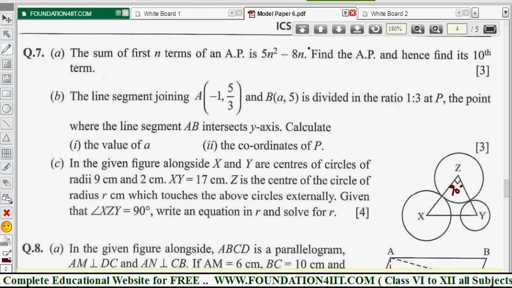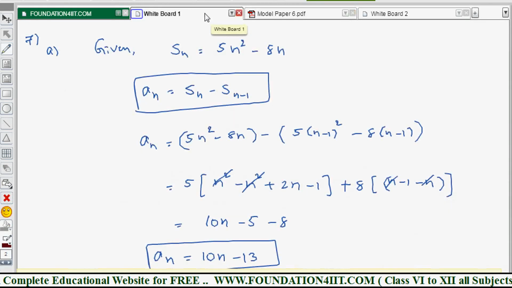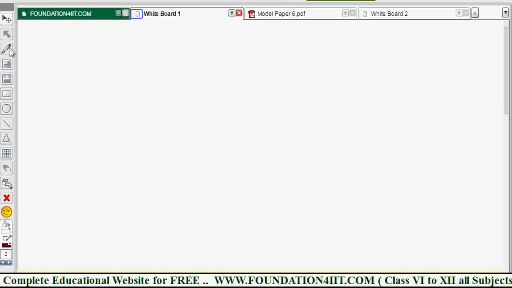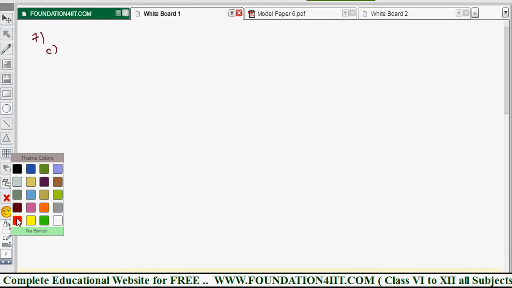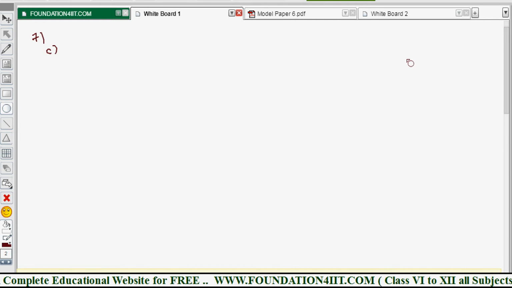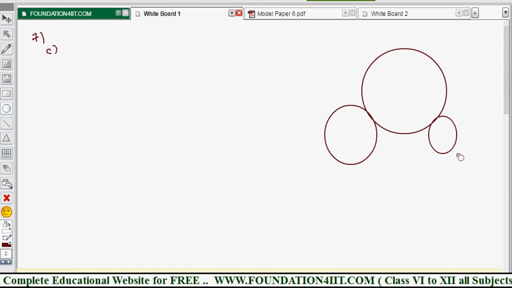So let's take this data first. Take the two circles first. One circle is touching externally. The centers are given.